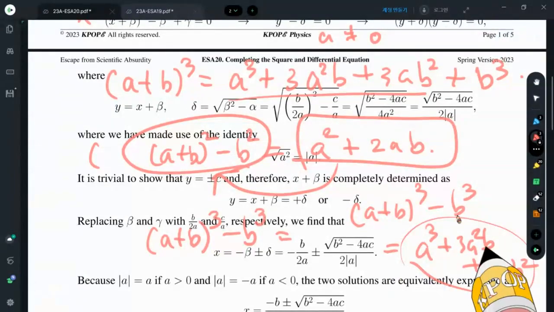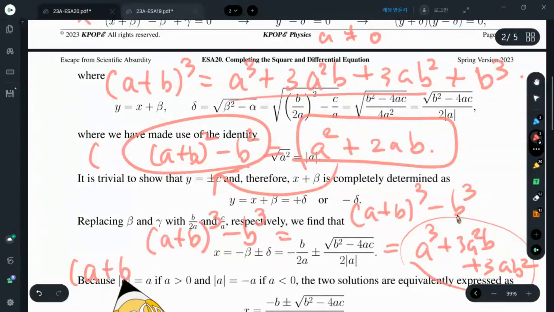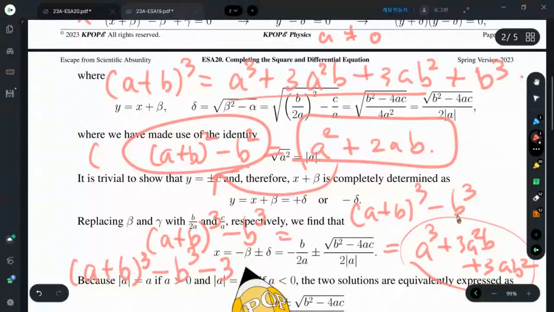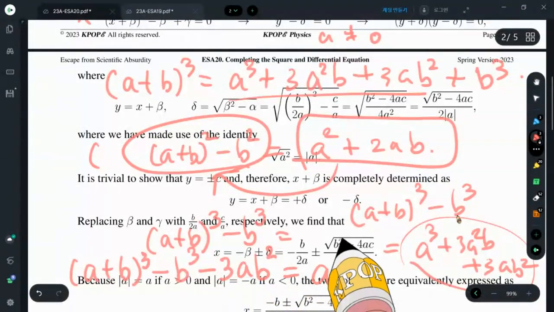However, in general, these two power coefficients do not have to be the same. So I would rather use this one, minus b cubed and minus 3ab squared equals this kind of way.